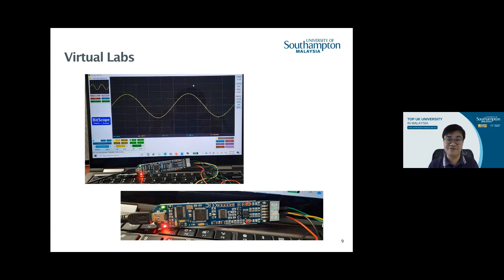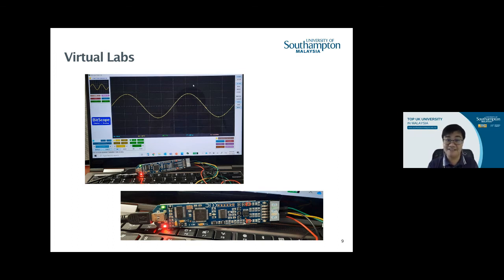There are certain labs in which you need certain instruments to supply certain waveforms for you to measure certain things. And this is what we call BitScope, which is a multi-signal device, which can function as an oscilloscope, function generator, and logic analyzer.